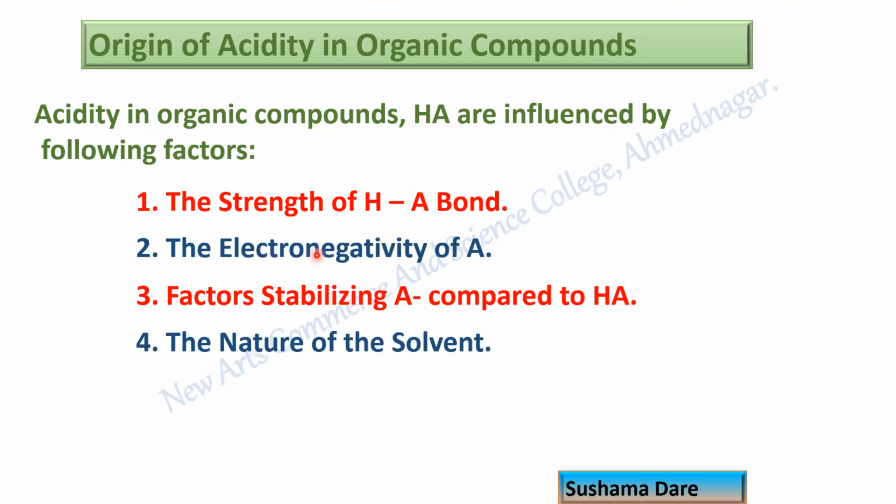What are the different factors responsible for the acidity of a compound? The first factor is the strength of the H-A bond. The second factor is the electronegativity of A. Third, the factor stabilizing A compared to HA, and the nature of the solvent. So these 4 points I'm going to discuss in this video.